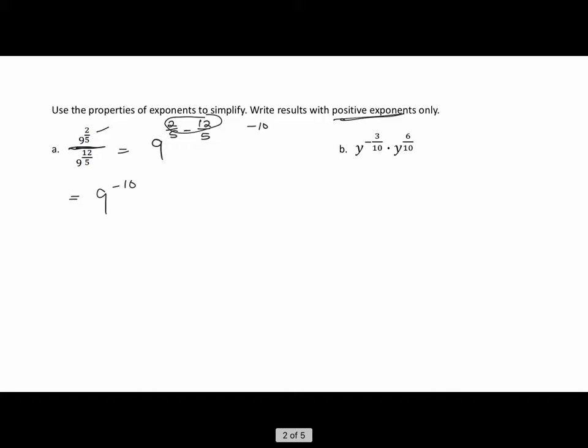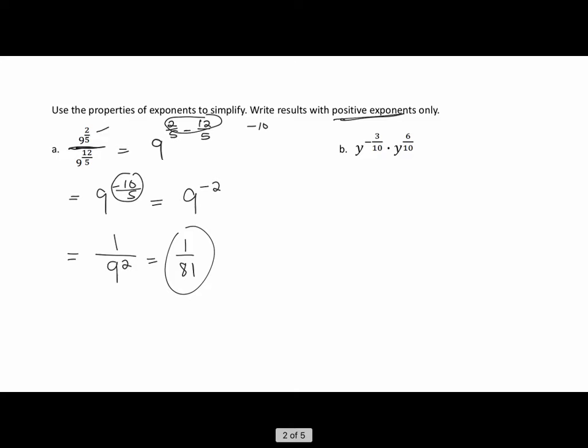So negative 10 fifths altogether. And of course, remember, we have to simplify if we can that rational exponent, so that simplifies to negative 2, which means we just move that base so that it has a positive 2 exponent. And 9 squared is 81, so that final answer is 1/81.